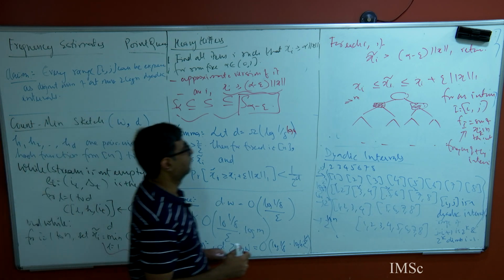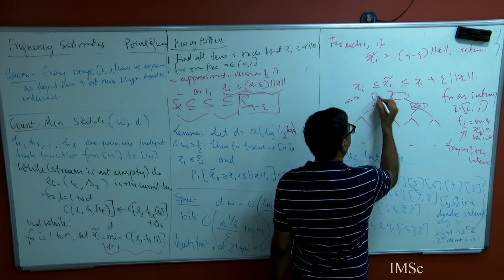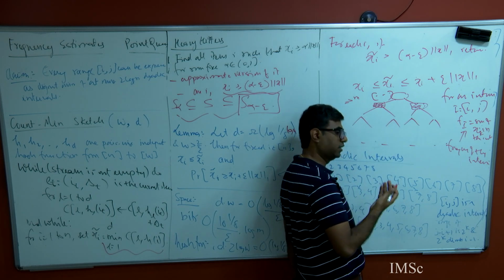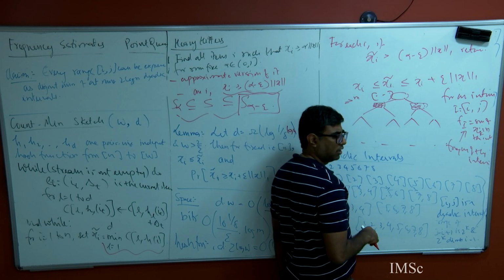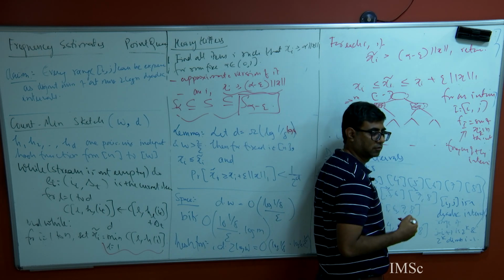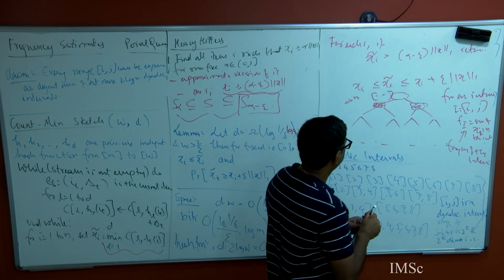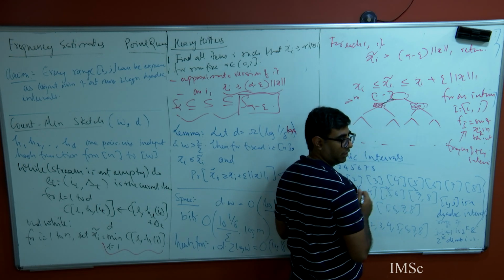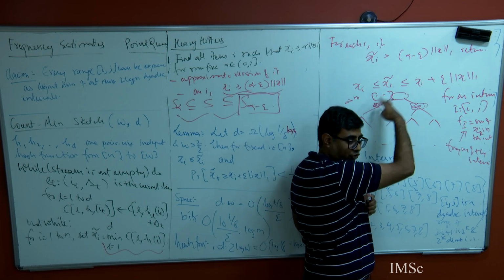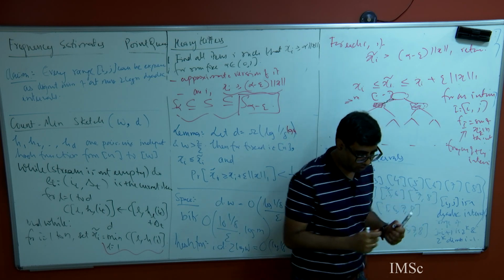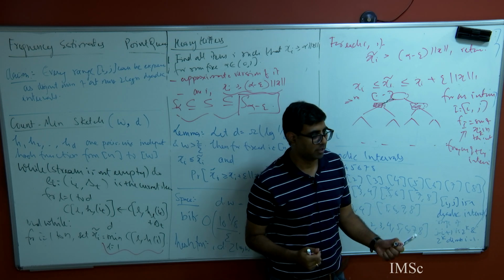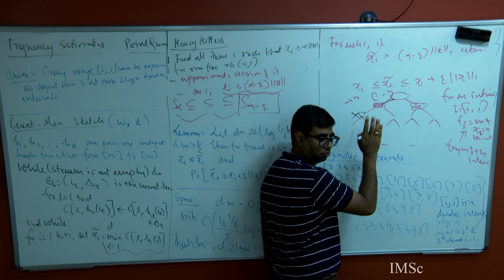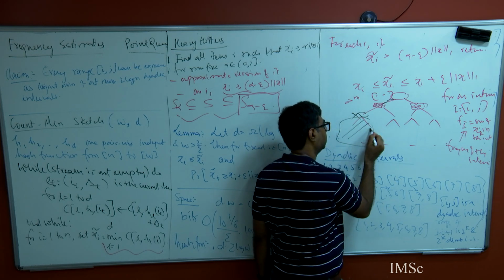I ask myself, what is the sum of your frequency? It tells me m. Okay. I look at my children, I ask, what is your frequency and your frequency? If it is more than m by k, I follow those children. So I follow this child. Then I ask his children, right? So I am trying to do BFS on this tree. So I ask, what is the frequency of my children? If it is more than m by k, then I follow, otherwise I just cut it. I say no more, I am not going to traverse this tree.